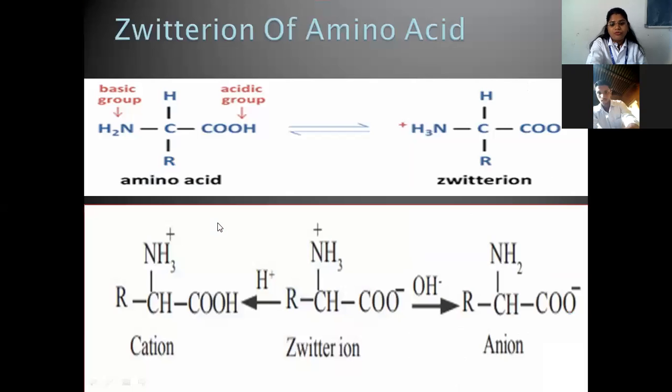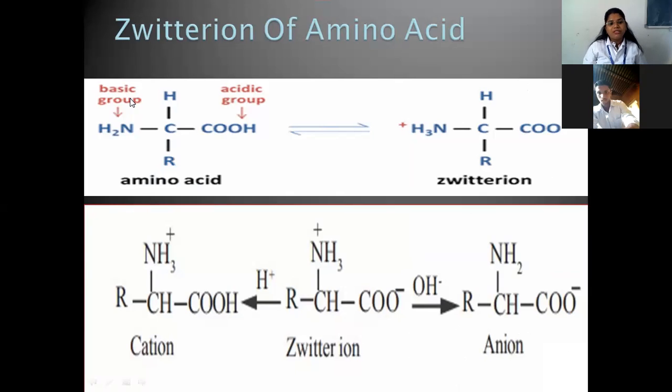Now we'll move to the next part of the amino acid, the properties of amino acid. In that, the first property we will discuss is the zwitterion of amino acid. Basically, see the structure of the amino acid. This is the basic structure of amino acid, in which an acidic group is there and a basic group is also there.